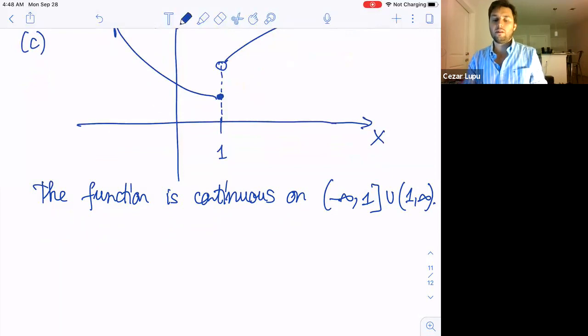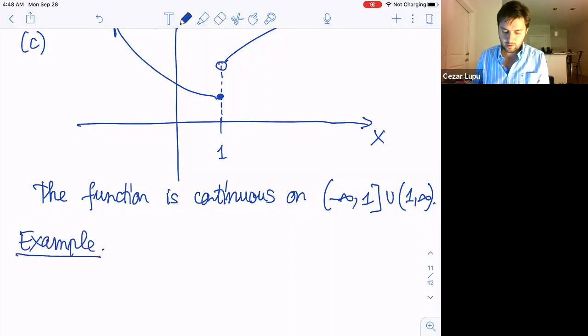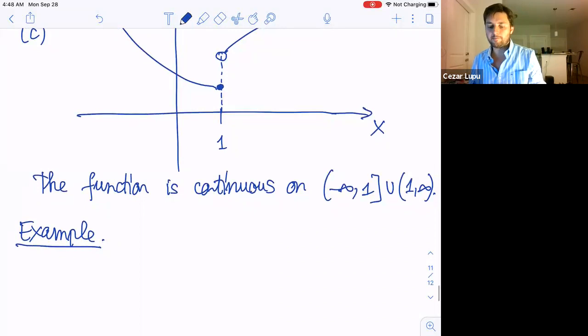Now let's see a concrete example of another case of when a piecewise function is continuous, or at least when the function is discontinuous. Let me think of an example. Yeah, I will take an example from the notes.